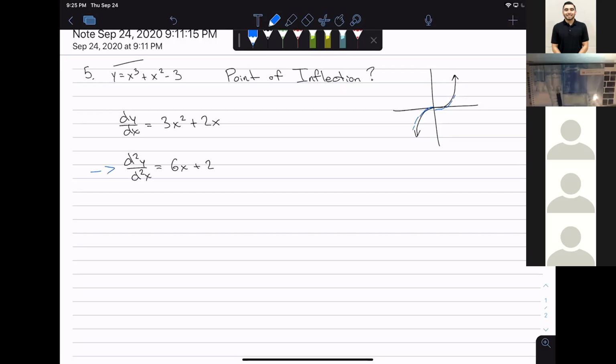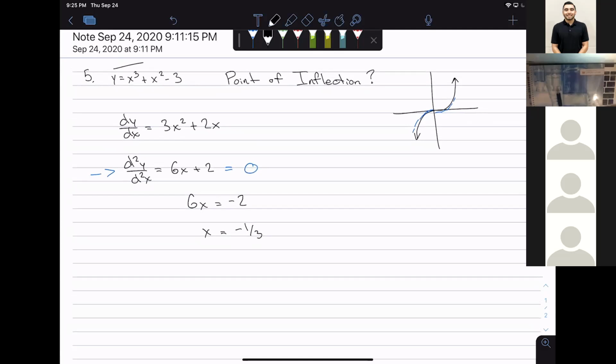Now we have to set this whole thing equal to 0 because we have to find that inflection point. Pretty much taking the derivative twice and setting it equal to 0 is how we get our inflection point. So we solve for x, and we get something like negative 1/3.